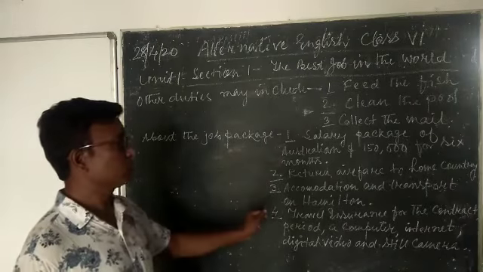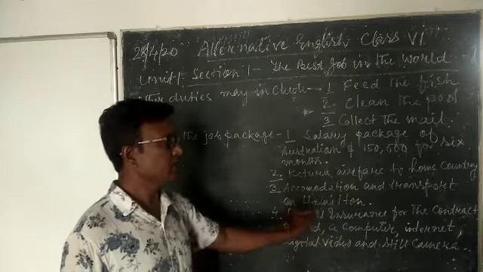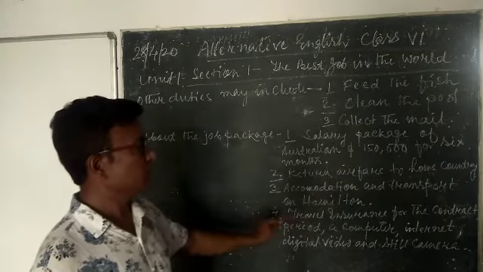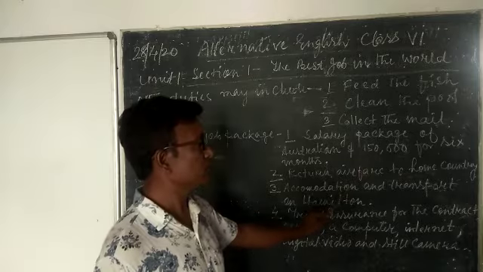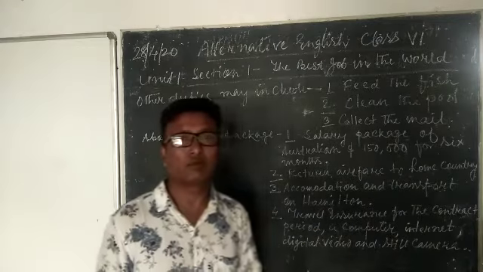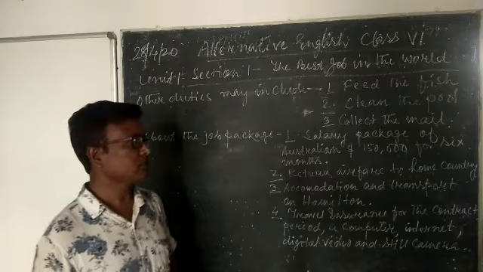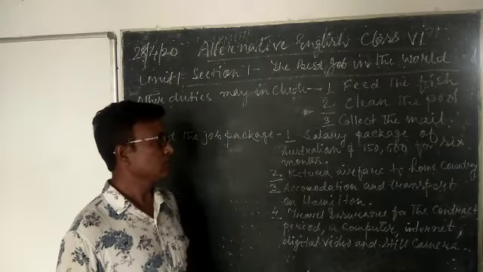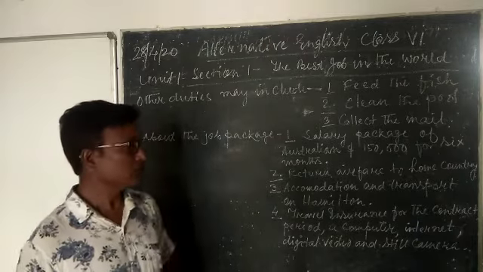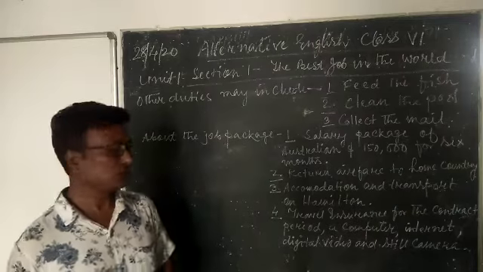See here, in the first point you will find salary package, and the salary package is Australian $150,000 for 6 months. It is not for 1 month, it is for 6 months. 6 months salary is what? 150,000 Australian dollars. So that is for 6 months.